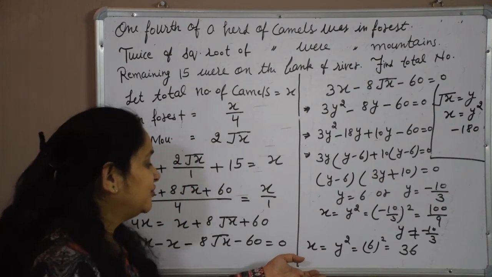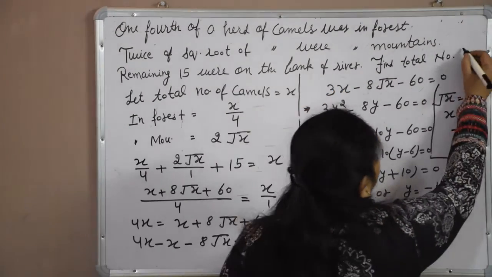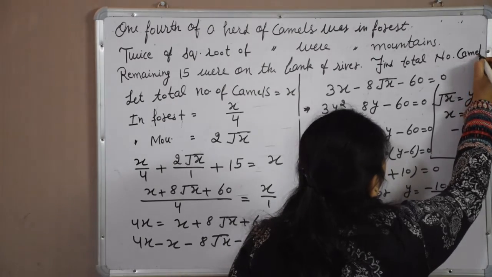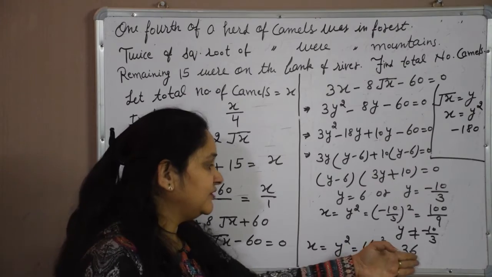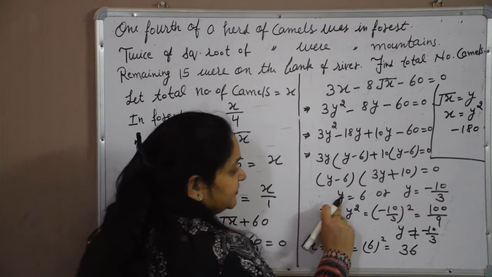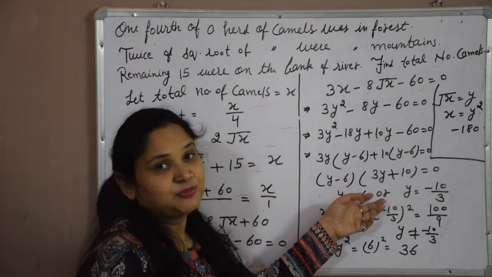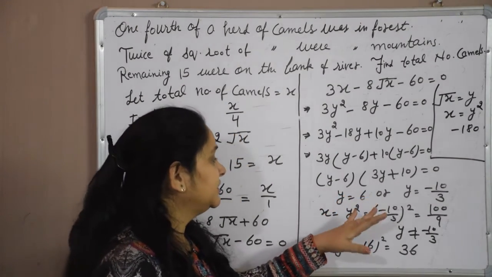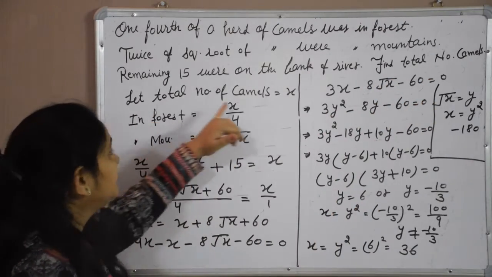Therefore, our question was to find the total number of camels, and here x is equal to y square is equal to 36, and we can't leave the question just here. Finding y is just our supposition, it was not in the question. We need to find the total number of camels, and that was x.